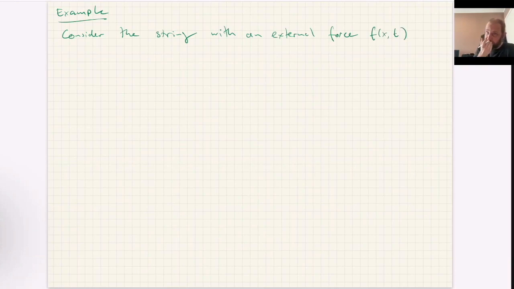I can make the force depend generally on both position and time. So what I would have in this case, let me draw it again. I have my setup here.